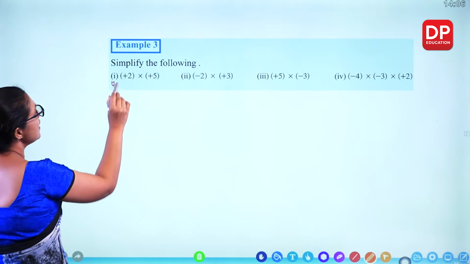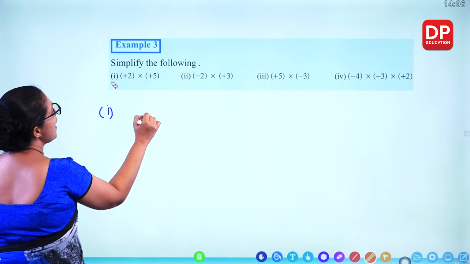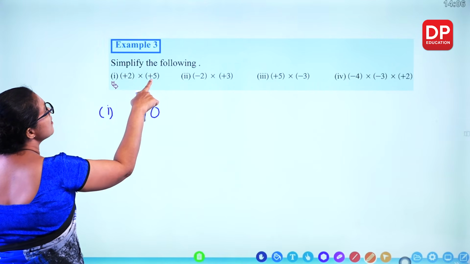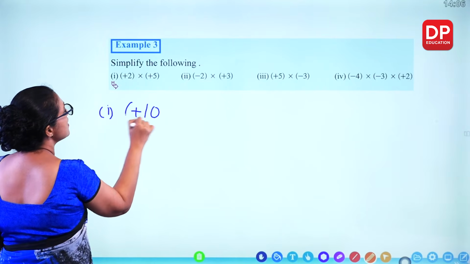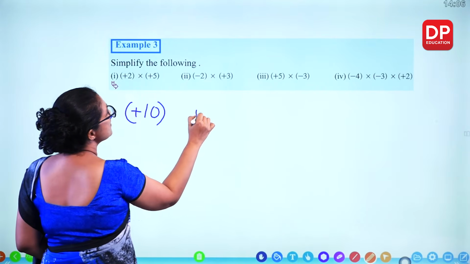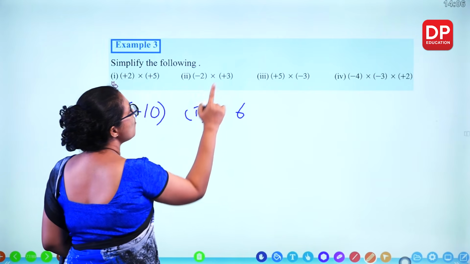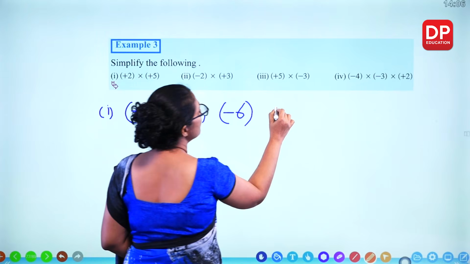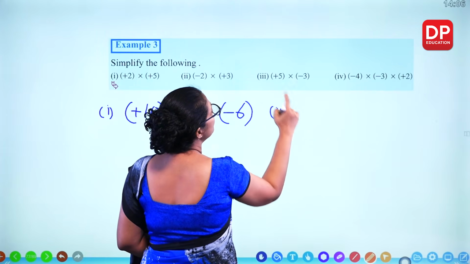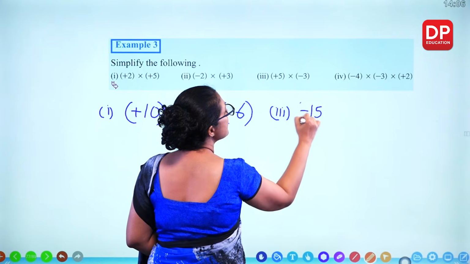Simplify the following. Here, first one, 2 times 5, 10. 1 is positive, the other one also positive. Both positive means answer is positive. Second one, 3 times 2, 6. 1 is negative, 1 is positive. Answer is negative. Third one, 5 times 3, 15. 1 is positive, 1 is negative.